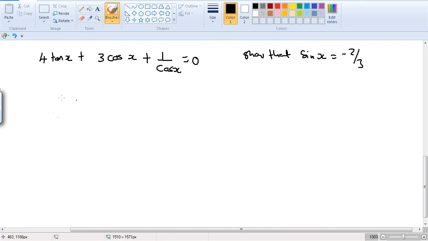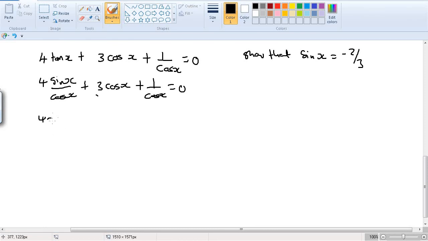The first thing is for us to convert tan x to sin over cos. So 4 sin x over cos x, that's the identity for tan, plus 3 cos x plus 1 over cos x equal to 0. Next thing is for us to eliminate the divisor, and for us to do that we have to multiply by cos x throughout.